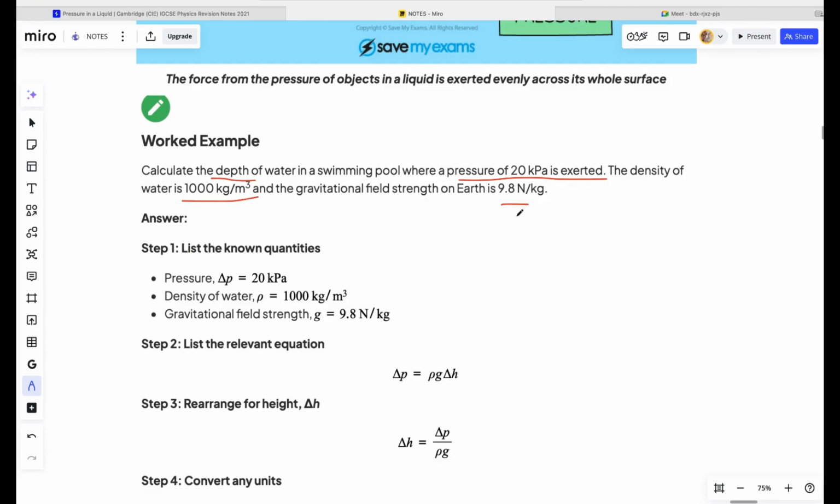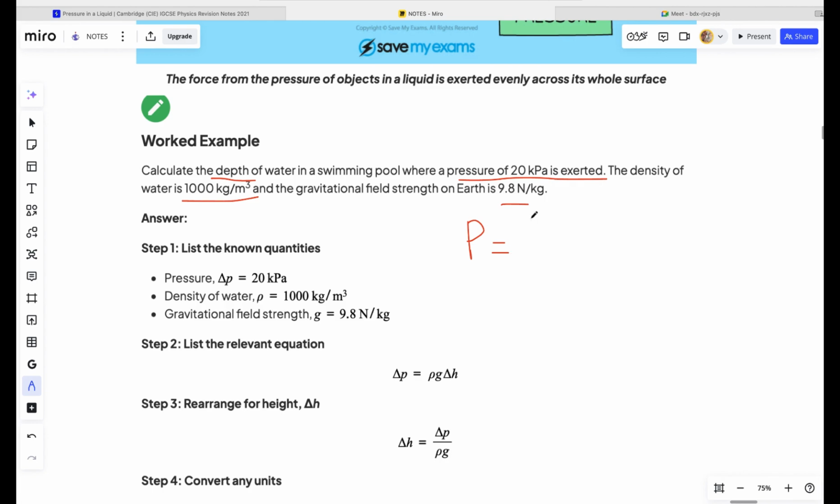So we go to write our formula: the pressure formula in a liquid. When they're talking about liquid, don't say P equals F over A. No, that's the pressure formula for solid. You must know these two formulas.